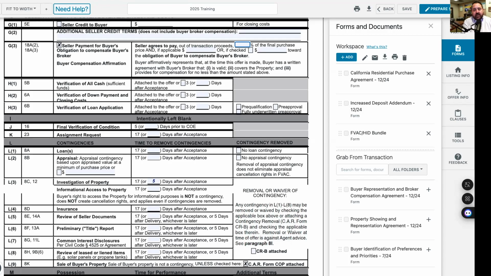We have to move on to the next one, unless I choose to modify it. And you could put in there, I will modify the BRBC to the amount that I get paid from the seller. That's fine. You can do that. But it's the flip side of trying to convince a buyer that you pay me more because the seller said they're going to pay more. That's just a tough sell, I would think, but go for it.